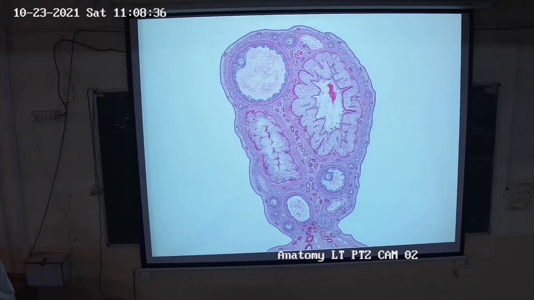Okay, so these cells are arrested. Then at the time of puberty, they undergo maturation, and during ovulation they undergo the second meiotic division where they will be arrested at the metaphase. Then during fertilization, the rest of the division takes place.